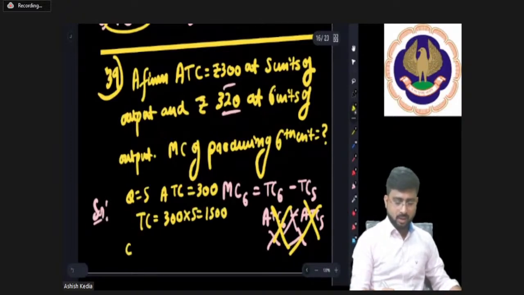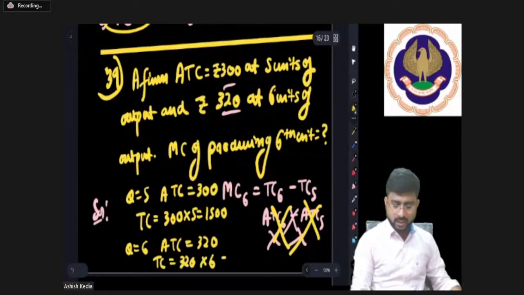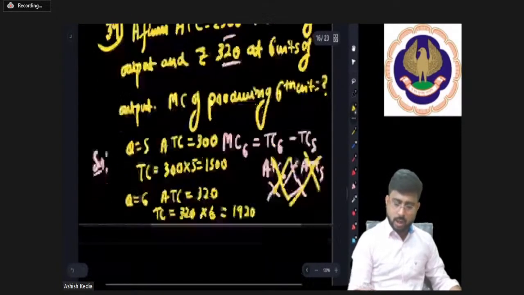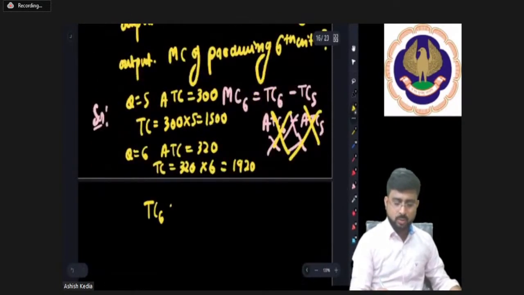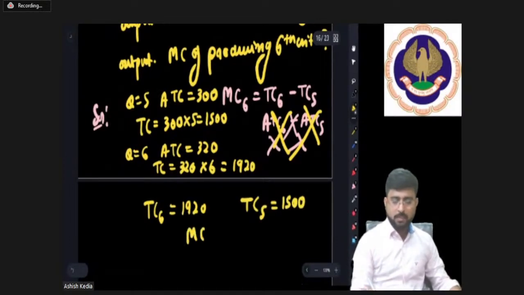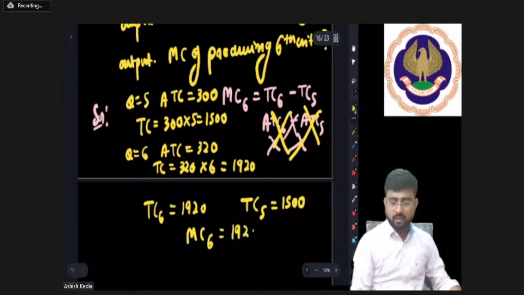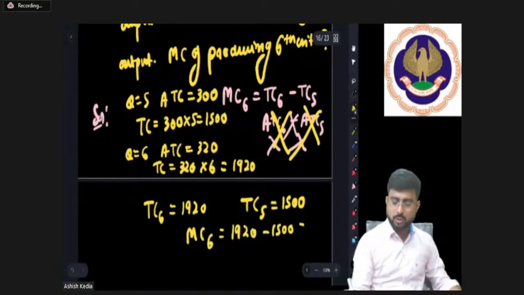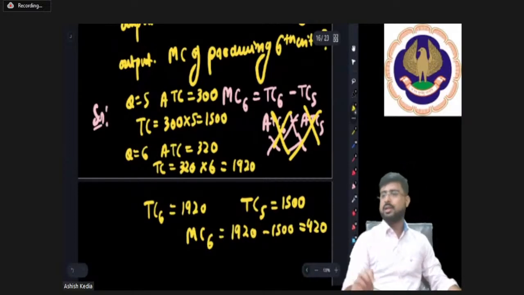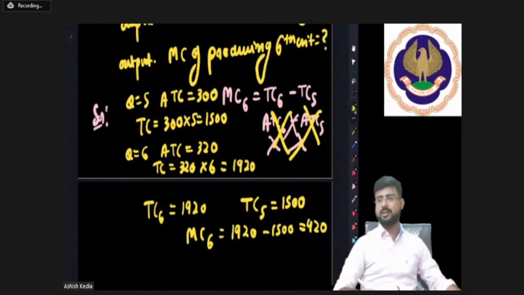Similarly, if quantity is 6 and average total cost is 320, what is the total cost? 320 into 6, which is 1920. So total cost at 6 units is 1920, total cost at 5 units is 1500. So marginal cost at the 6th unit will be 1920 minus 1500, that is 420.